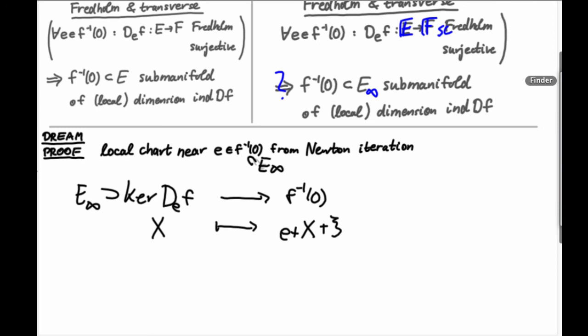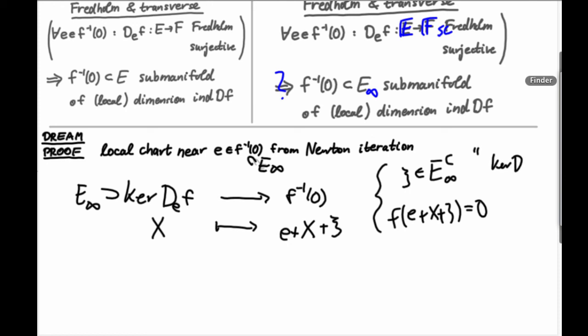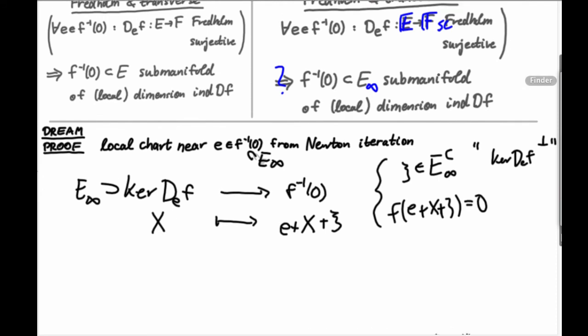So Newton iteration is going to ask, well, we're trying to find xi so that that's in the zero set. And there should be a unique solution if we're restricting ourselves to the complement of our kernel.